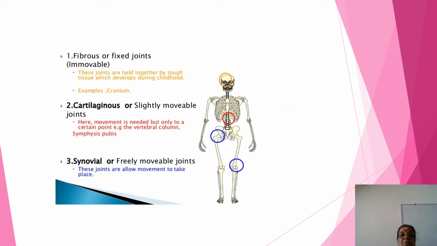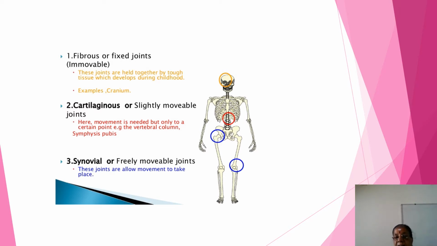Now, this is mainly dealing with the joints, because there are many pictures. Now the fibrous or fixed joints are immovable. In the head, there is a special orange line shown. They are fibrous joints, right? What are they? They are fixed joints.